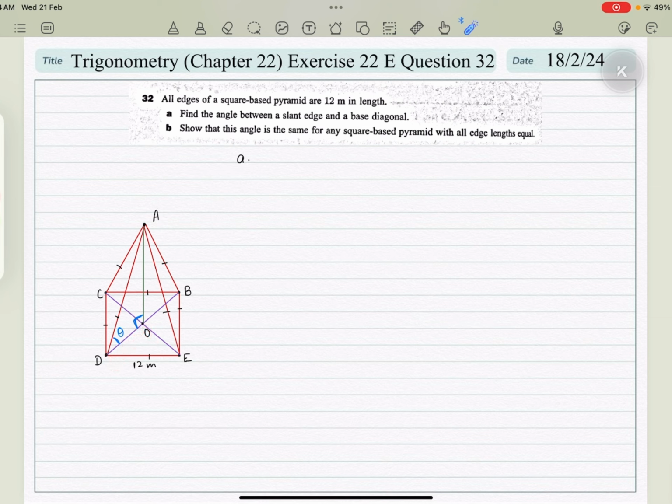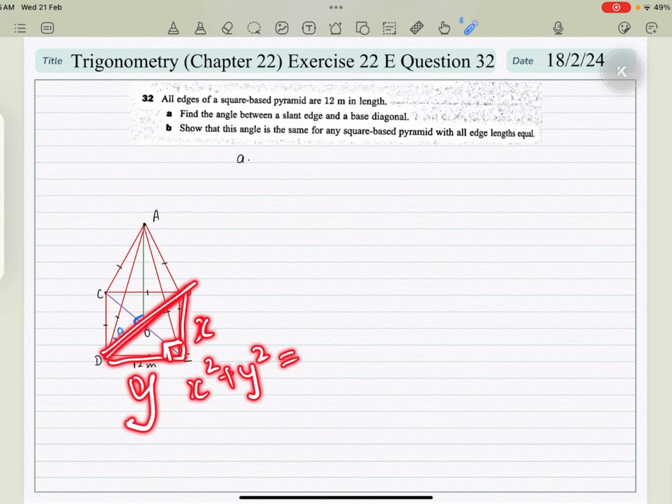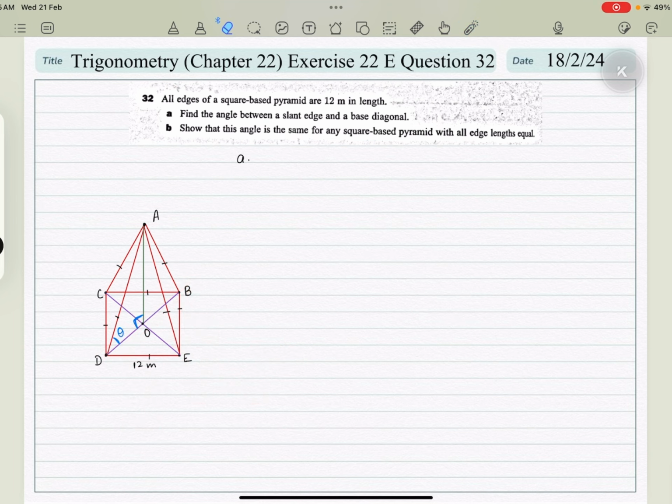And to find out this length, we have to find out this length, and to find this, we have to see that this is a right angle triangle. So if this is x and this is y, then x square plus y square is equal to this side square.